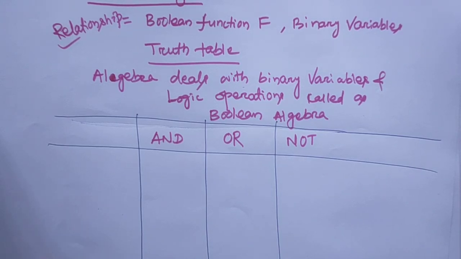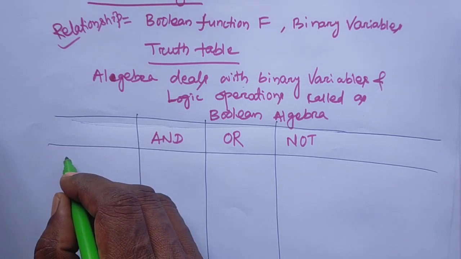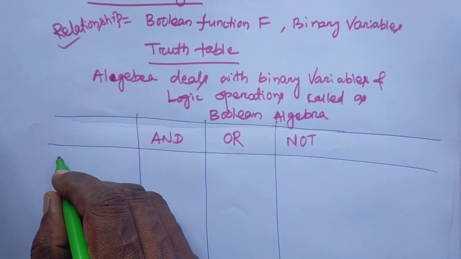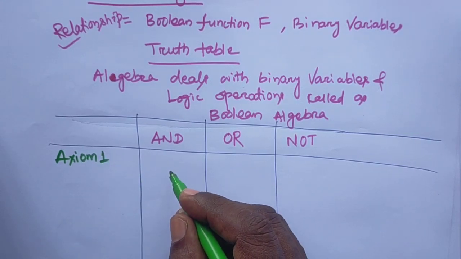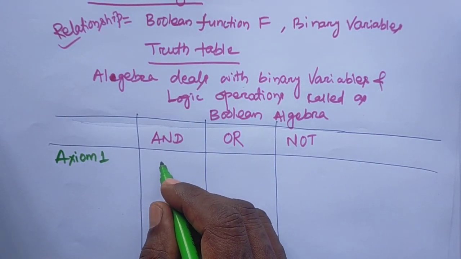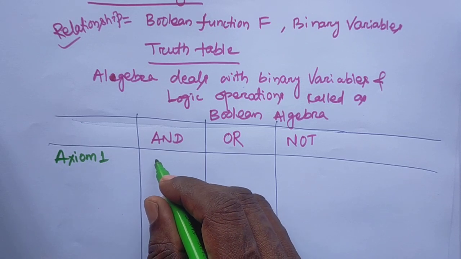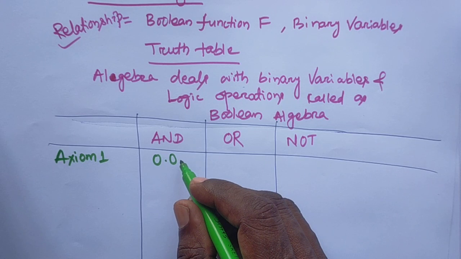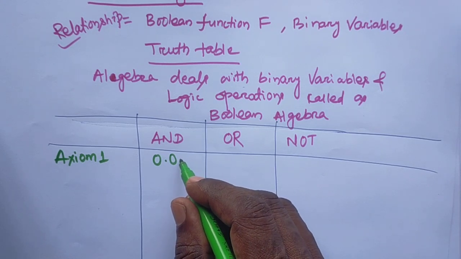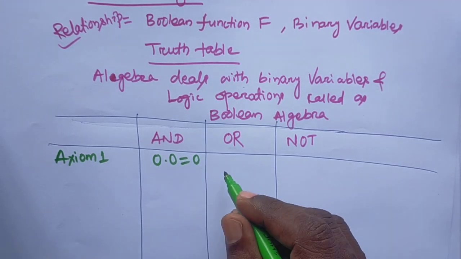First case, case 1 or axiom 1, suppose we take AND. If we go through AND, then what happens? Very simple. Suppose we consider 0. 0.0 is equal to 0 for the AND operation.